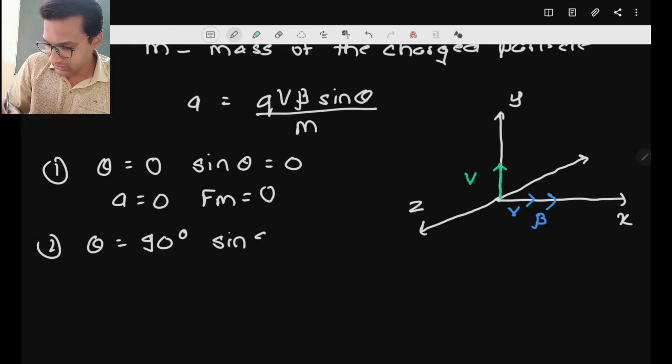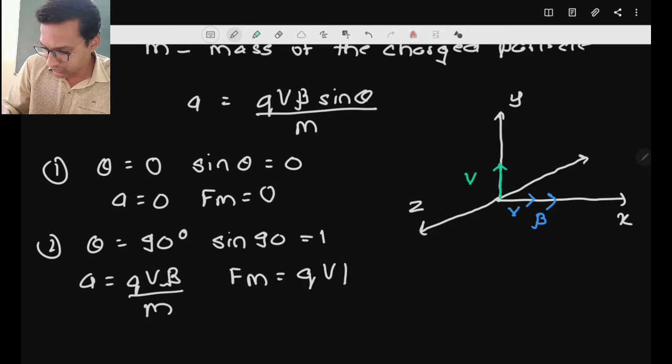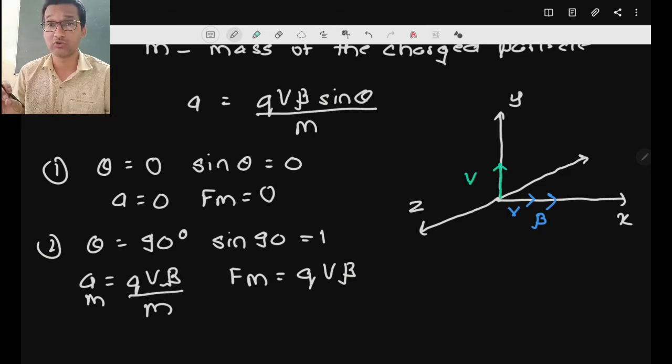That means sin 90 will be equal to 1. That means acceleration will be qvb divided by m, and the magnetic force will be q into v into b. This is the maximum acceleration and this is the maximum force. If theta is 90, the sine will have the maximum value, and hence the force or the acceleration also will be maximum.